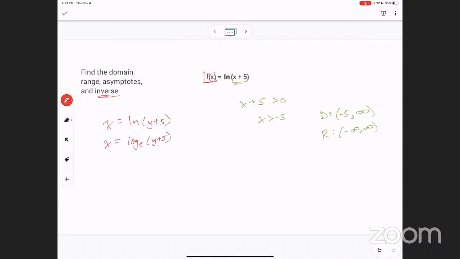So remember the equivalence: e to the x equals whatever's inside there. You remember doing that? So e to the x equals y plus 5. And so y equals e to the x minus 5. So that's your inverse. The inverse is e to the x minus 5.